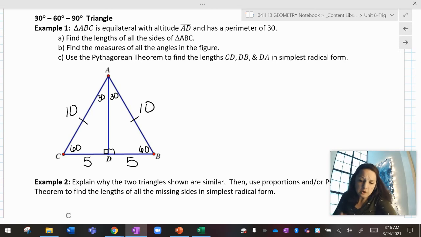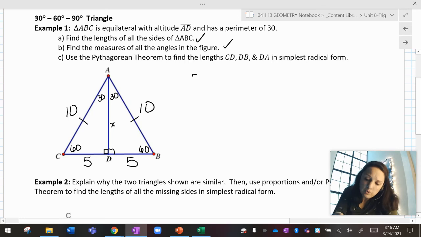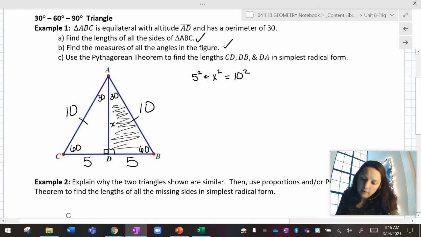And then it says find the measures of the angles, done. Find the lengths of the sides, done. Use the Pythagorean theorem to find the missing lengths. Well, I'm only missing one of them. I'm going to do this one. So I'm going to do a squared plus b squared equals c squared for this right triangle right here.